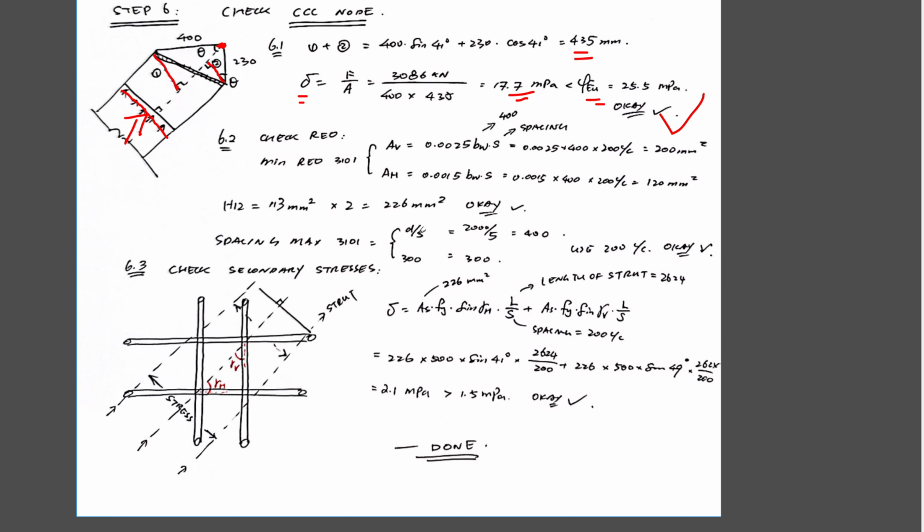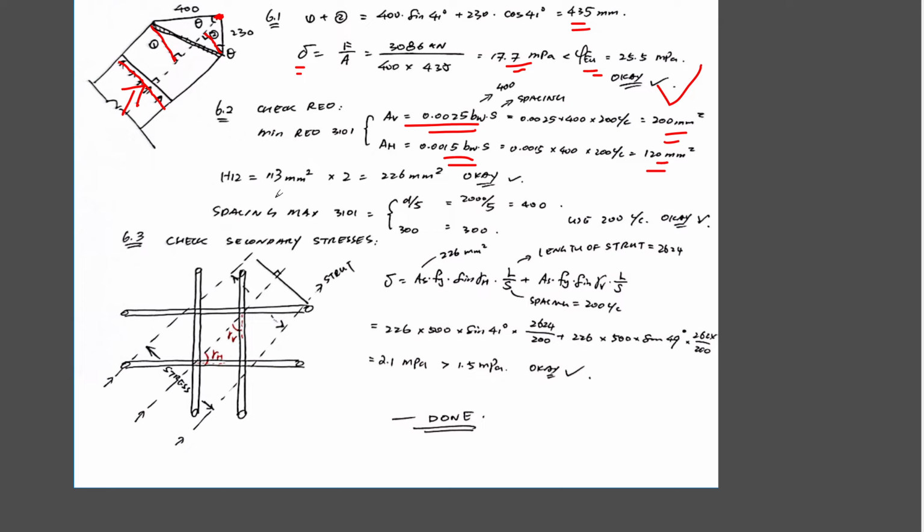Okay, and then for the bottle struts, which is the horizontal and vertical reinforcements, we need to check the code. We still need to provide minimum reinforcement horizontally and vertically. These are the equations we can look at in the code, and it gives my vertical minimum and my horizontal minimum. And then I'm going to use HT12 with 2 legs, like that.